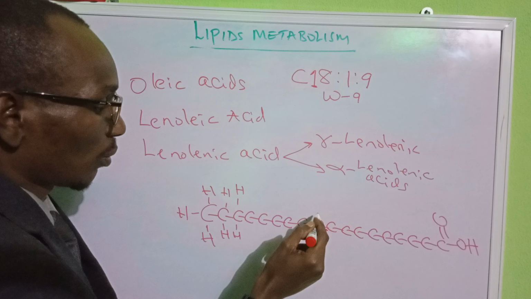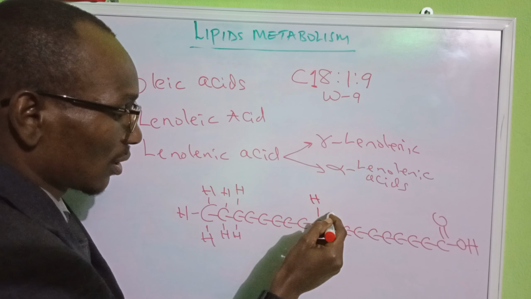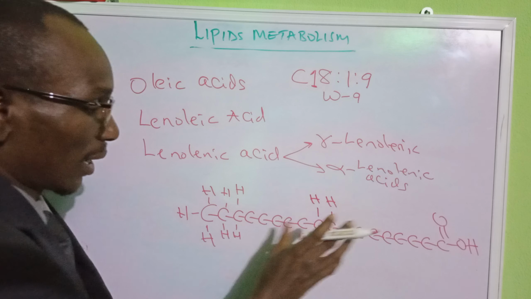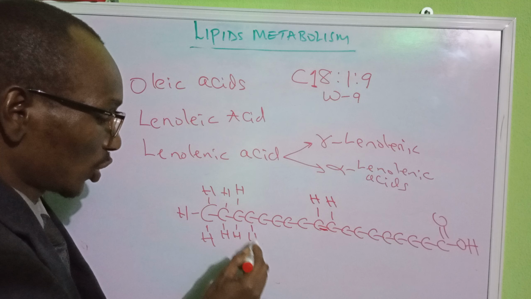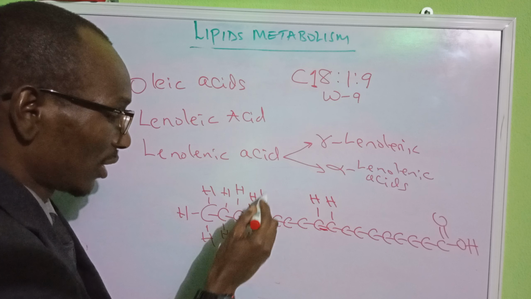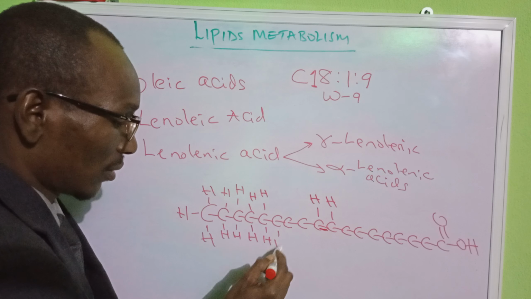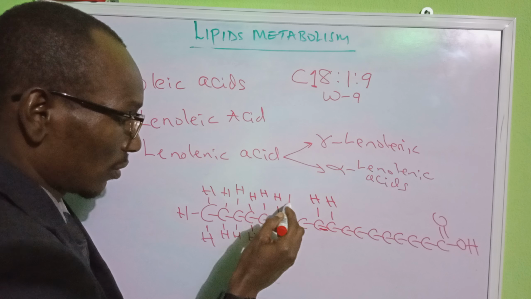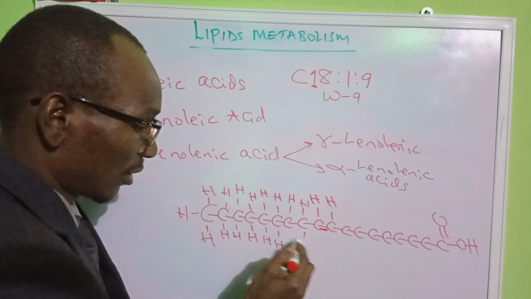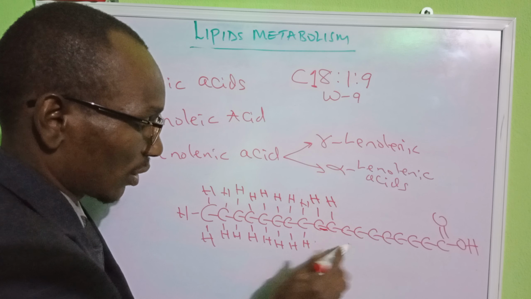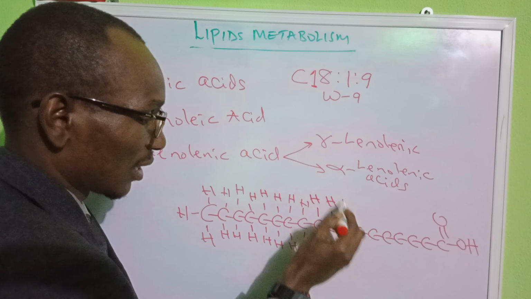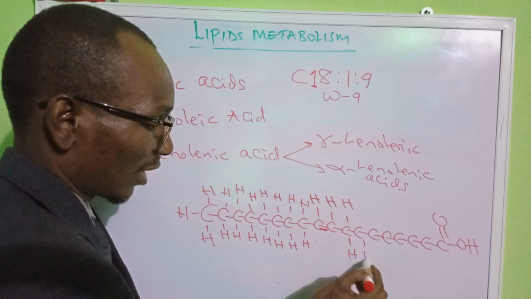So the hydrogen atoms can be either in this orientation, or it can change the orientation. So as such, you can complete the structure if you like, but for the sake of time, I don't think it is necessary. This does not contain hydrogen. That is why it is an unsaturated fatty acid.